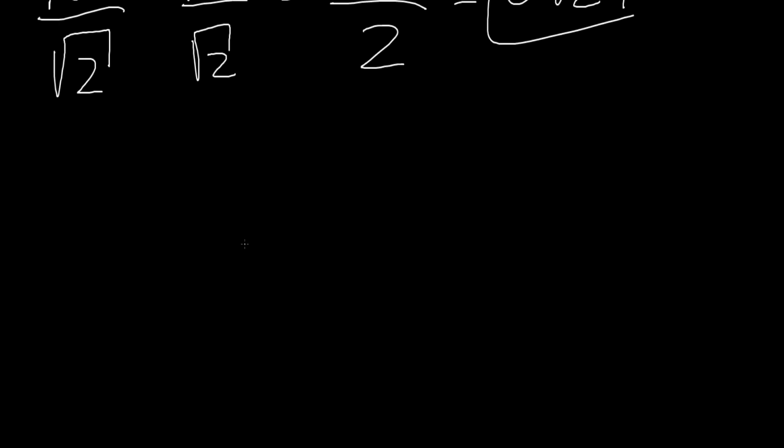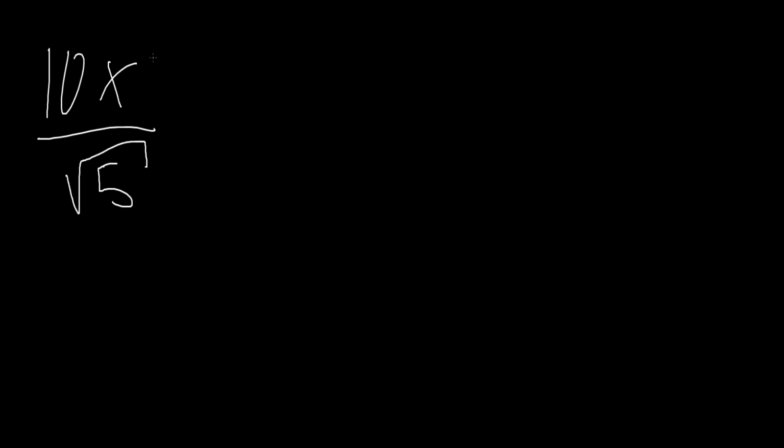Let me add a variable in this. Adding a variable doesn't change much once it's on the top. Let's say we have 10x over root 5. Still the same thing: on the bottom, there's only an irrational number, so we still use the rule I told you before. We multiply the top by root 5 and the bottom by root 5 as well.